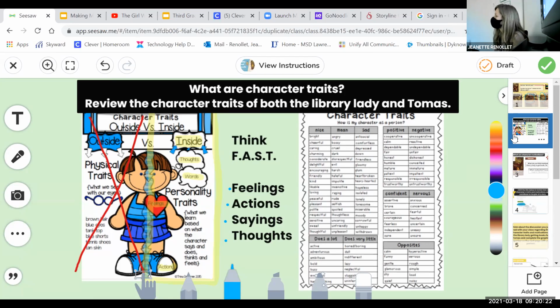Gloria. Lovely. Waverly. Thoughtful. Thoughtful. That's a really good word. Nick. So true. That is so true. Let's see.